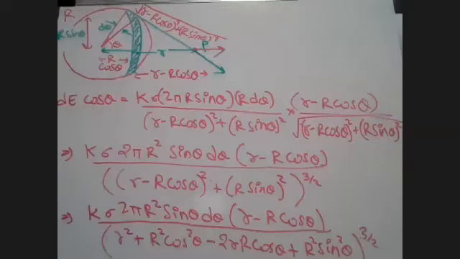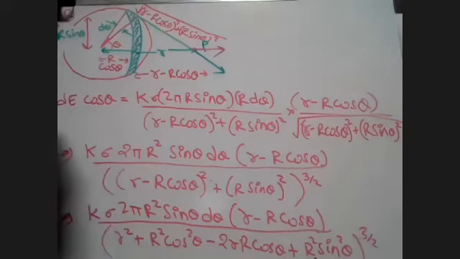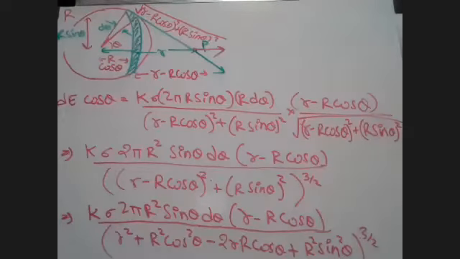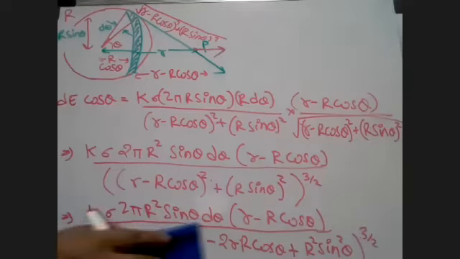Now what we can see is that R square cos square theta and R square sin square theta will give us sin square theta plus cos square theta equal to 1. So I'll write the changes down.